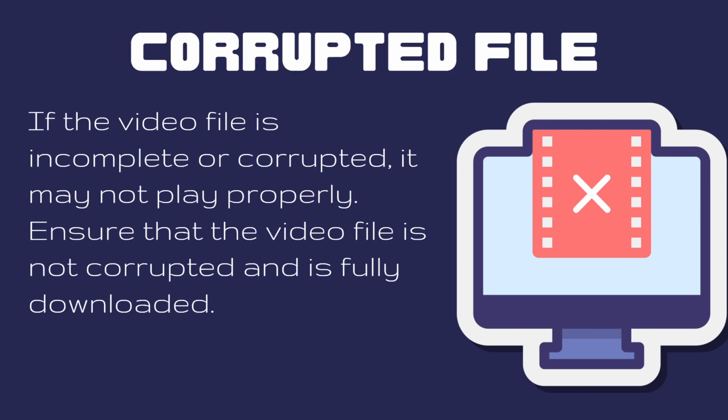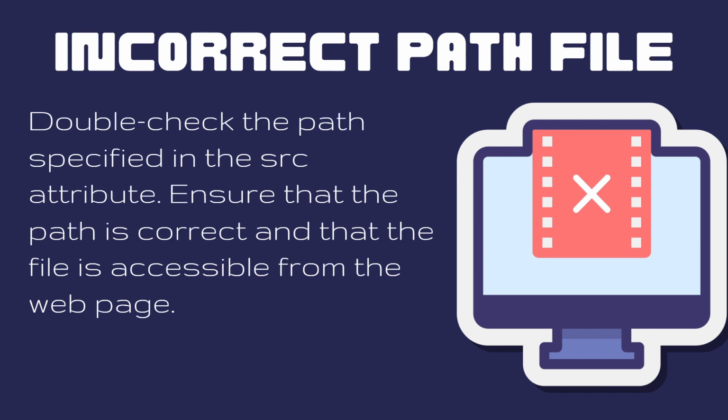Next, the video files can be corrupted, and of course, if the file is corrupted from your computer, your website won't be able to load it properly because it is corrupted. So next is incorrect file path.